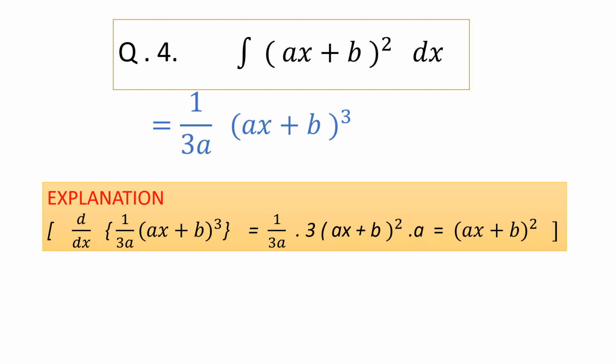Now if you solve this, this 3 gets cancelled by this 3, this a gets cancelled by this a, and you are left with ax plus b whole to the power 2. And this is exactly what is being asked in the question. So the derivative of 1 upon 3a ax plus b whole raised to the power 3 is ax plus b whole raised to the power 2. So this is how I am trying to explain to you that integration and derivatives are the opposite of each other. Integration is why it is called anti-derivatives.